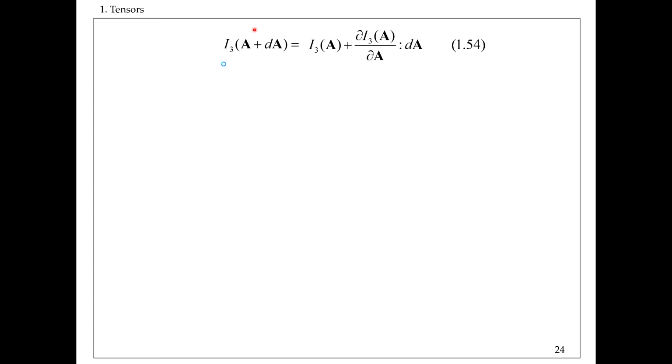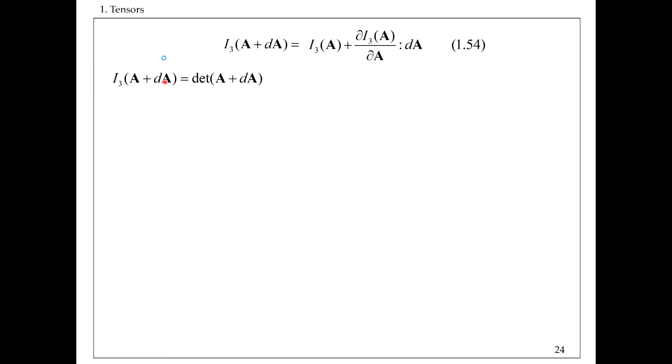So we'll start focusing on the left-hand side first. What do we have in here? This is I3, and when I write I3, what we actually mean is that there is a determinant of what is in the parentheses here. What is in the parentheses is still another second order tensor. It's just one tensor plus another tensor, doesn't matter how they're related. This is just another second order tensor.